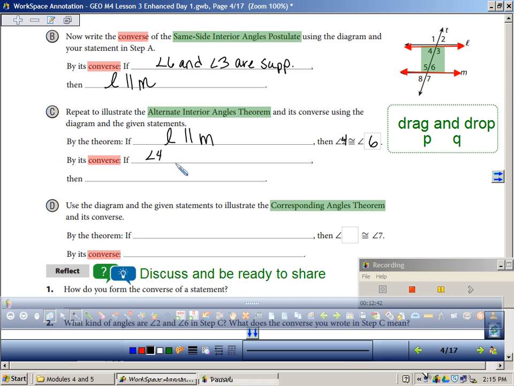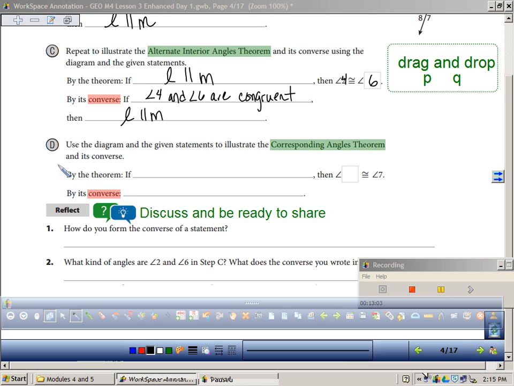If angle 4 and angle 6 are congruent, then what? Then L is parallel with M.